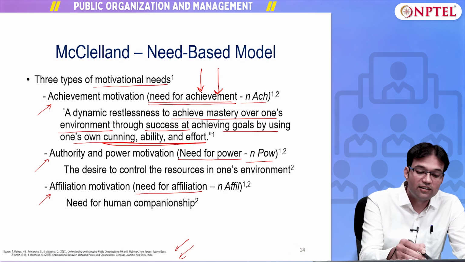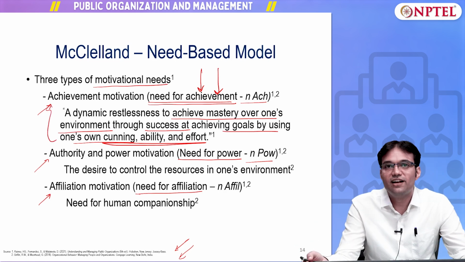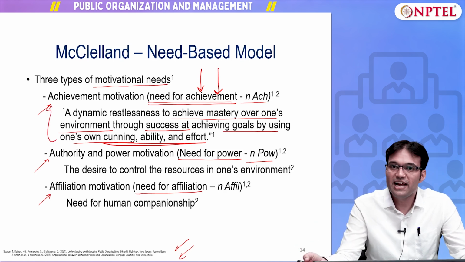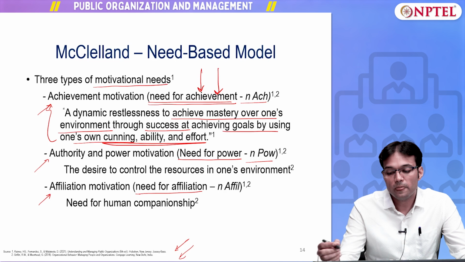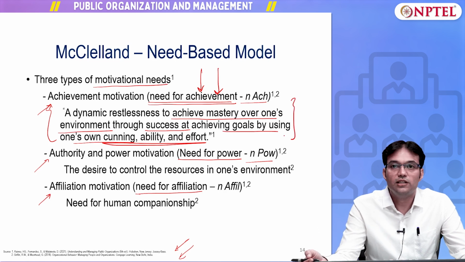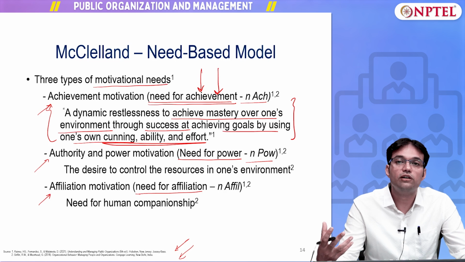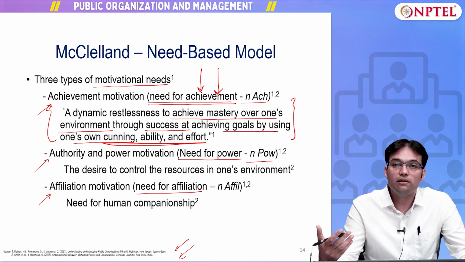So how will you try to handle these people? They are high need achievers. Again, you need to provide them enough support, right? You have to work on certain processes with the help of which you need to handle these people. These people are high performing because they are continuously looking for high achievement. If they are going for high performance, they will need resources.